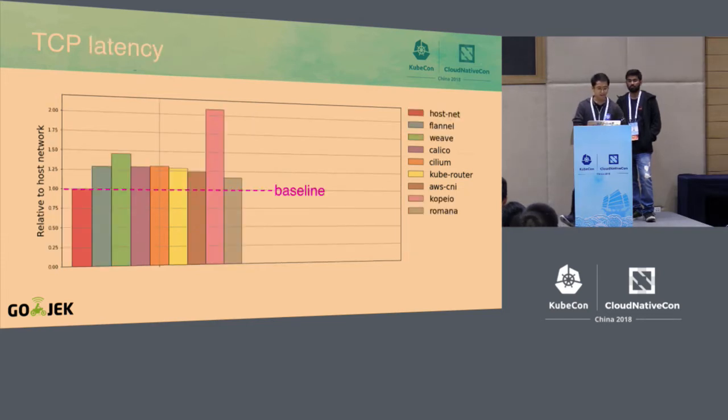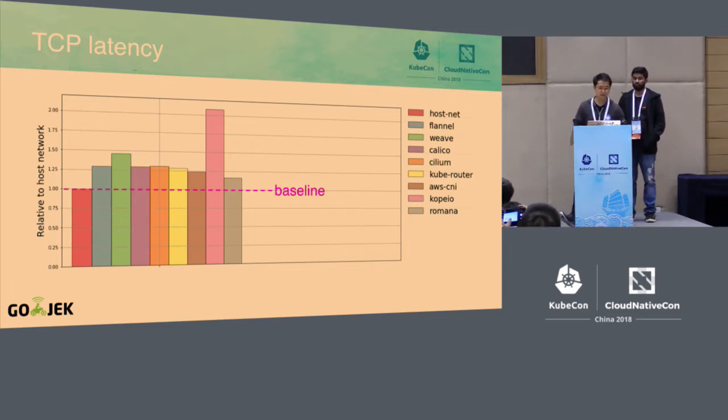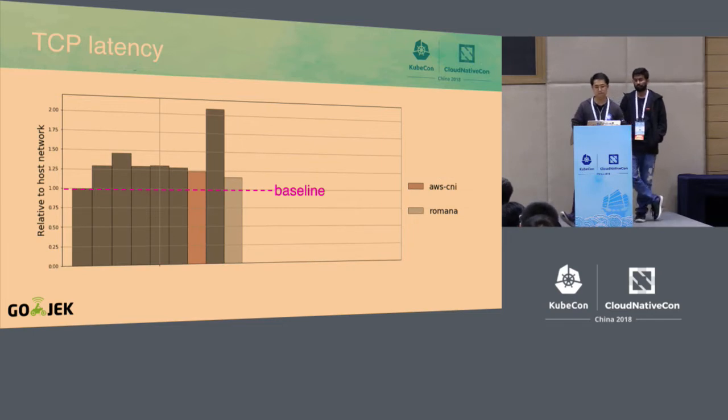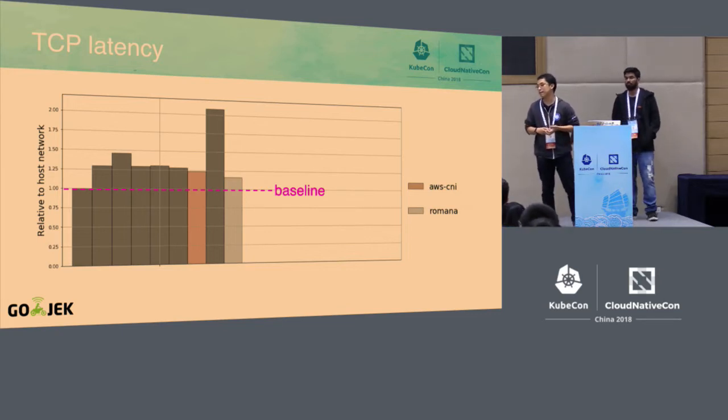Here's the result for our TCP latency study. Overall, most of the plugins added around 25% additional latency on average. AWS CNI and Romana suffer the least additional latency, because both AWS CNI and Romana actually talk to the AWS VPC fabric on the network backend.